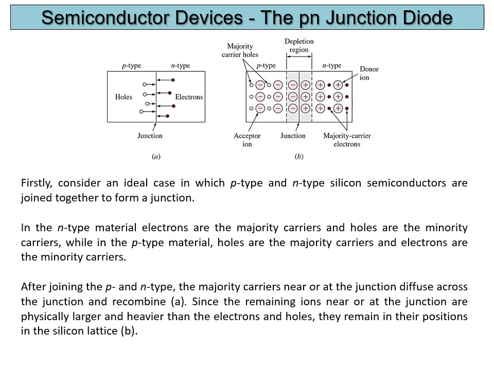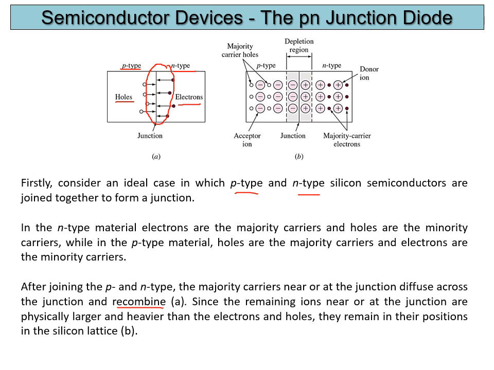Firstly, consider an ideal case in which P-type and N-type silicon semiconductors are joined together to form a junction. In the N-type, the electrons are the charge carriers, while for P-type the holes are the majority charge carriers. By combining these two types of semiconductors, the majority carriers near the junction diffuse across the junction and recombine.